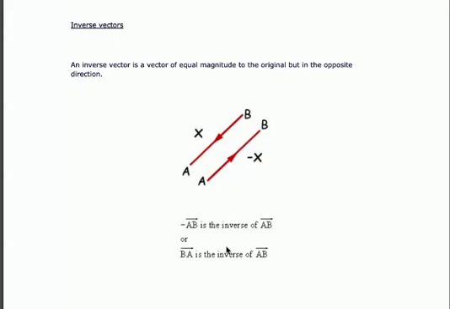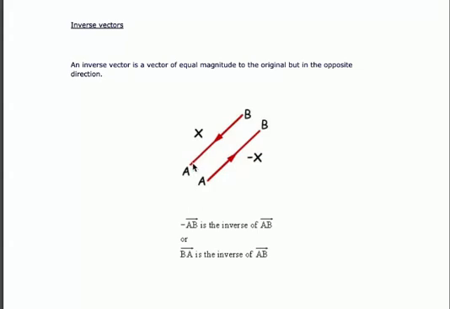As we are talking about vectors, we have to know that there is something called an inverse vector. An inverse vector is a vector of equal magnitude to the original, but in the opposite direction. For example, we have AB pointing downwards and AB pointing upwards in these two examples.